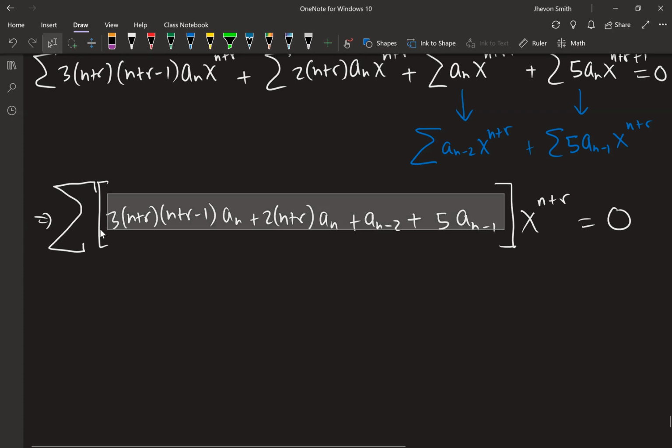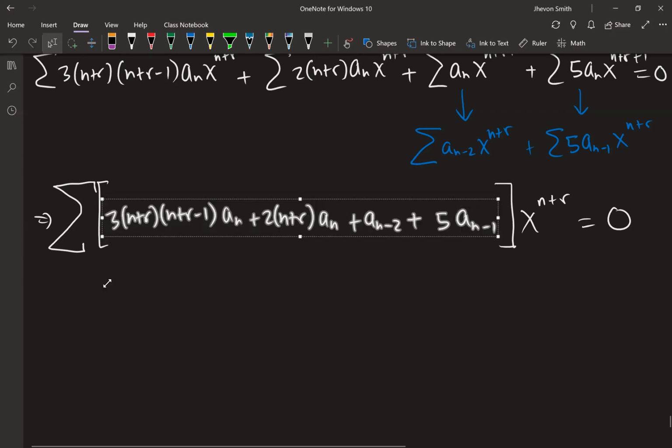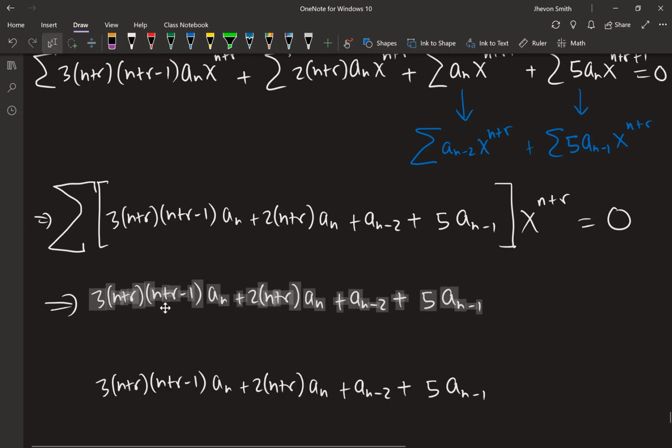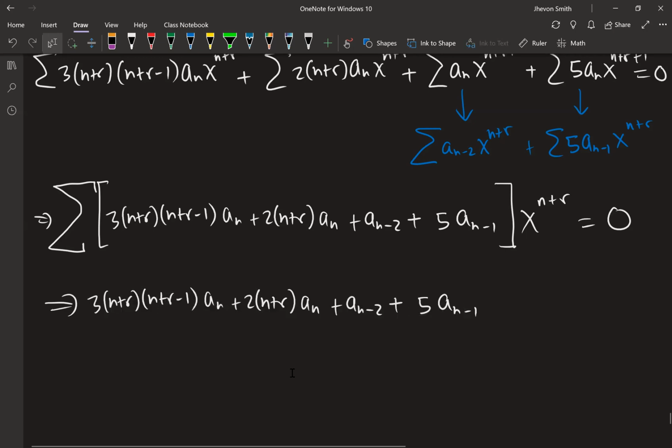Now this part inside here is what we set equal to 0.